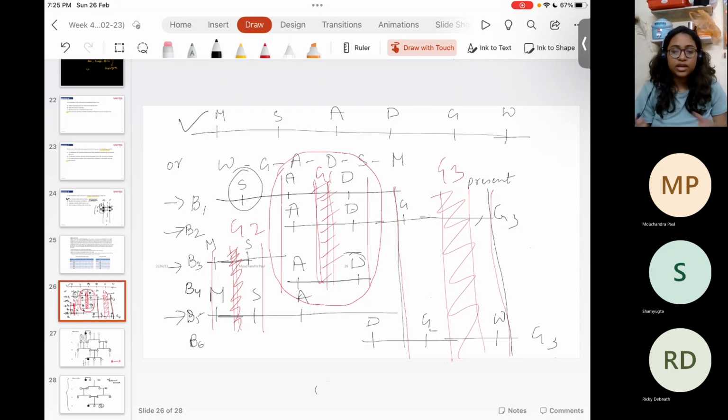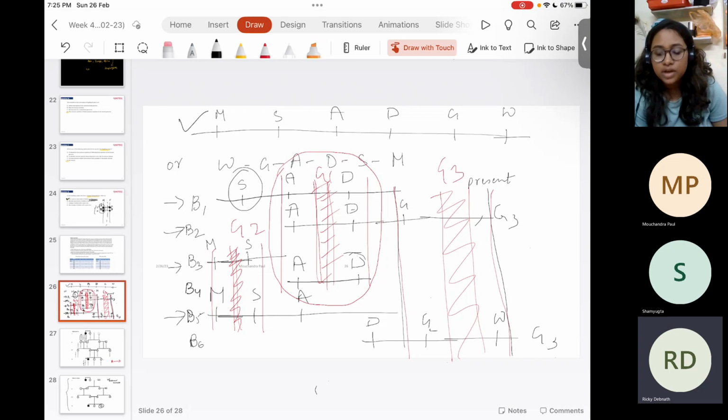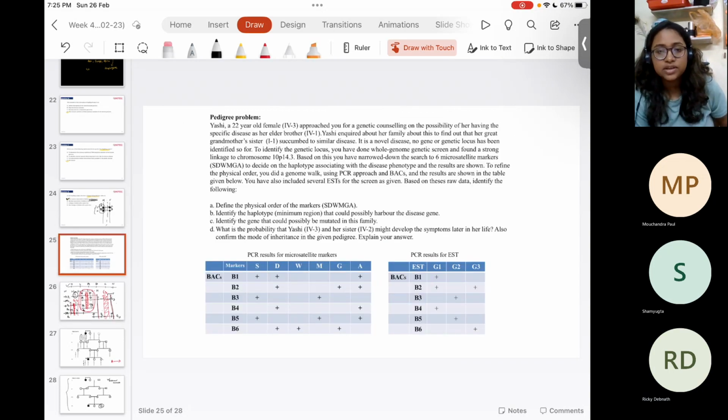It may not come in the first try, second try, or third try, but you will get it. It is not that difficult. Even anyone can make a mistake in this, but it is all about observation. It is not a difficult problem. I urge you to look at this problem once again, and you will get it.